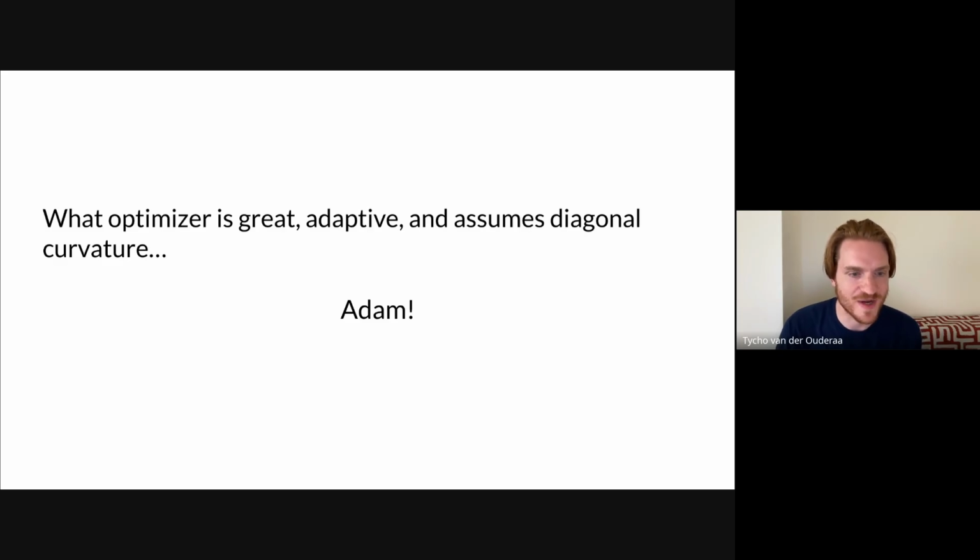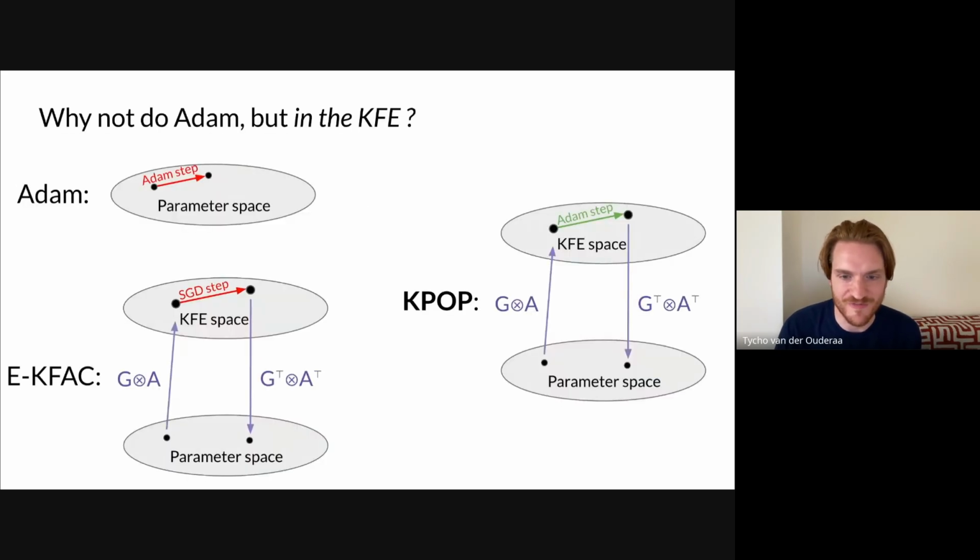Actually, maybe that's a great fit for this diagonalized space. So in Adam, you do Adam steps, but you're in parameter space, which is correlated. And then in KFAC, you take SGD steps, so you correct the eigenvalues of KFAC, which is doing SGD in this KFE space. And what we do is we say, okay, we do Adam in the KFE.